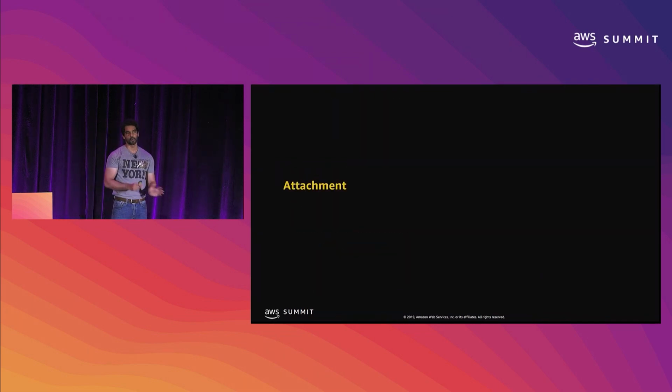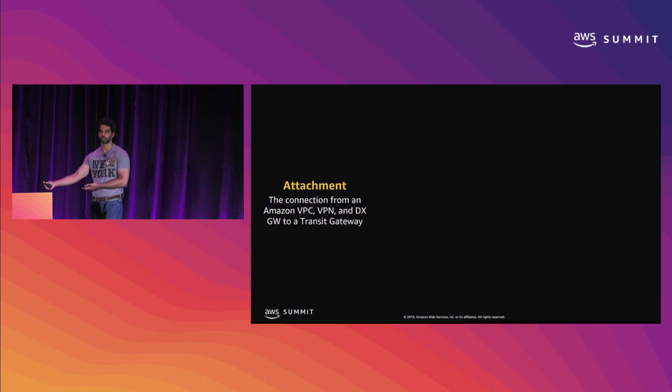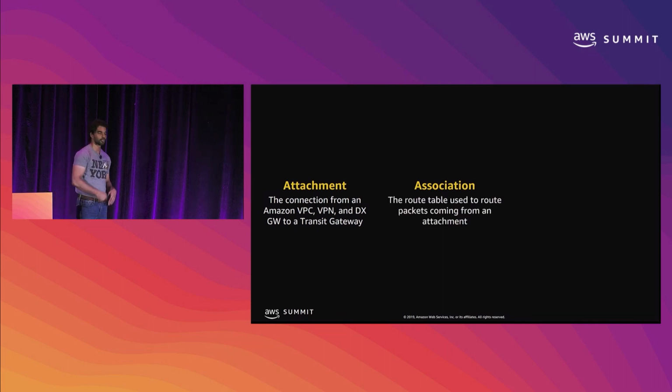So we spoke about some terms, so let's see what they were. I talked about attachment. Attachment is fairly simple. It's how you connect Transit Gateway to a remote network. And that connectivity is called an attachment. Association: you associate these remote networks to a route table, and that route table will be used to make any routing decisions for traffic coming from that remote network.